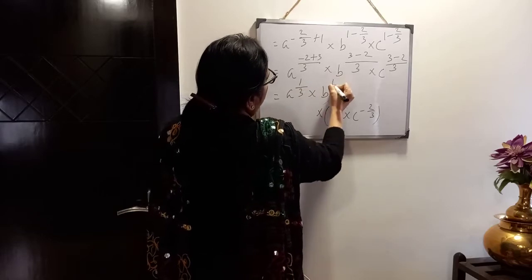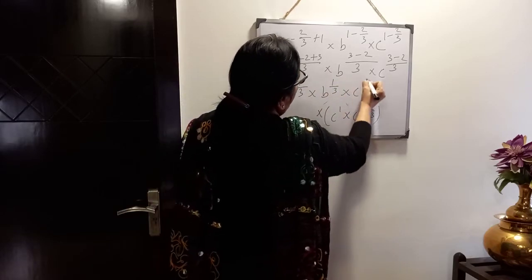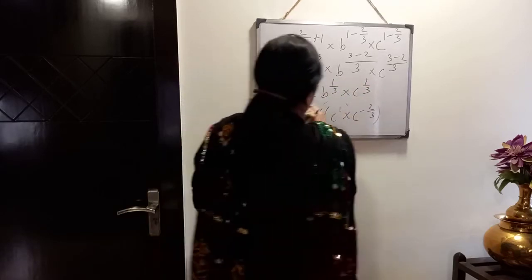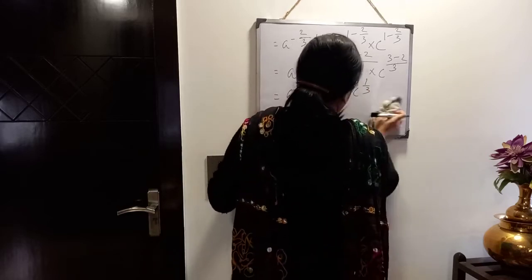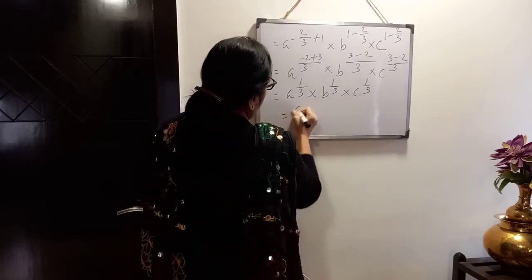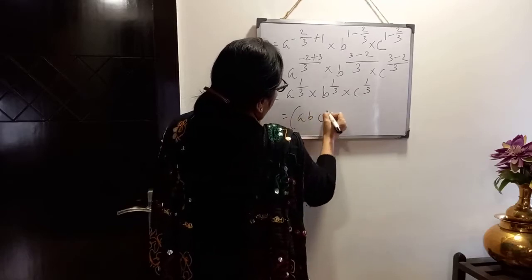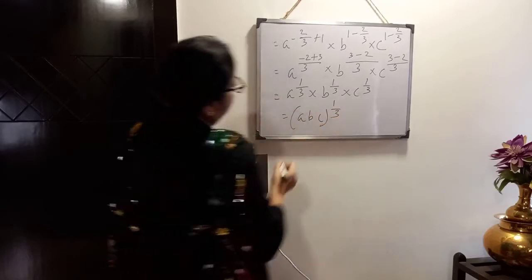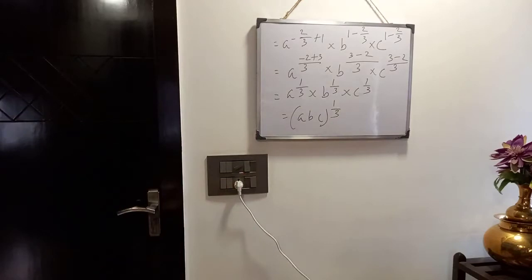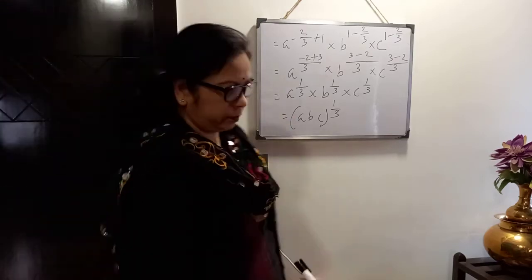Then this is also 1 by 3. This is also 1 by 3. Now same power 1 by 3, 1 by 3, 1 by 3. So here we can give one bracket in this way and power we can write in this way. Clear? Now abc to the power 1 by 3 is the answer.